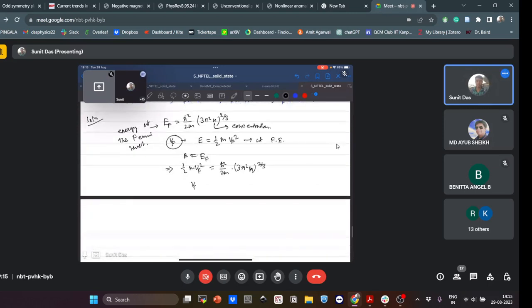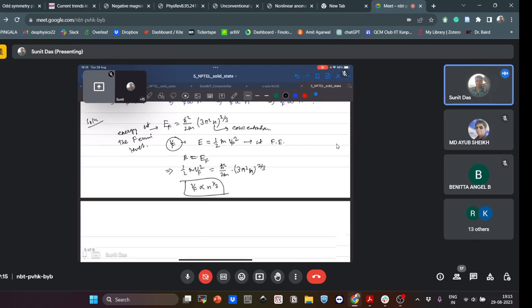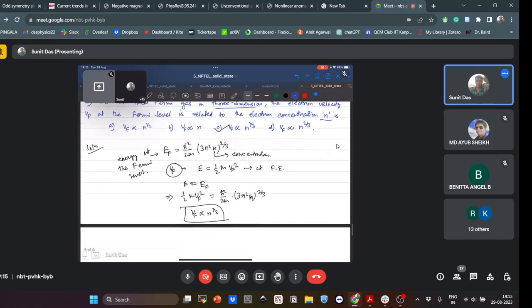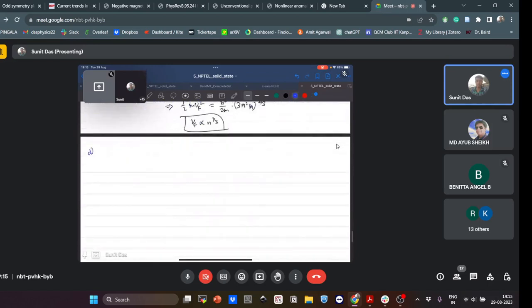Then Vf will be proportional to n to the power 1/3, not 2/3, right? So C is the correct answer. Okay, so another related problem, very easy.